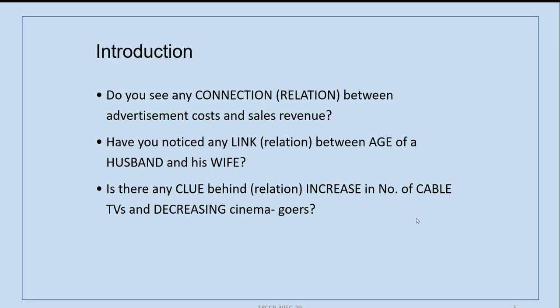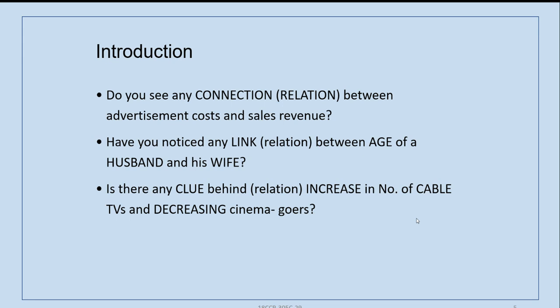Imagine these things, or think of these things. Have you ever seen any relation between the advertisement costs and sales revenue? That is, the advertisement costs, advertisement expenditure, and sales.